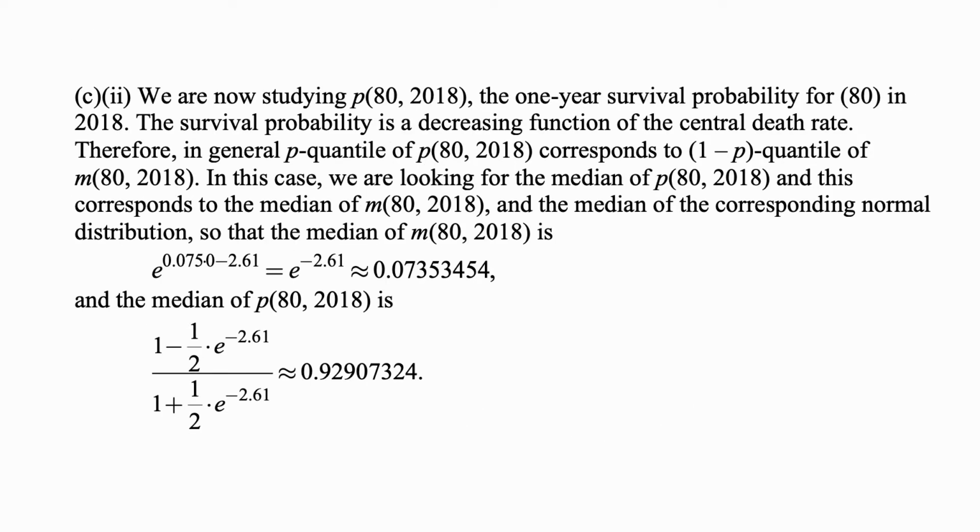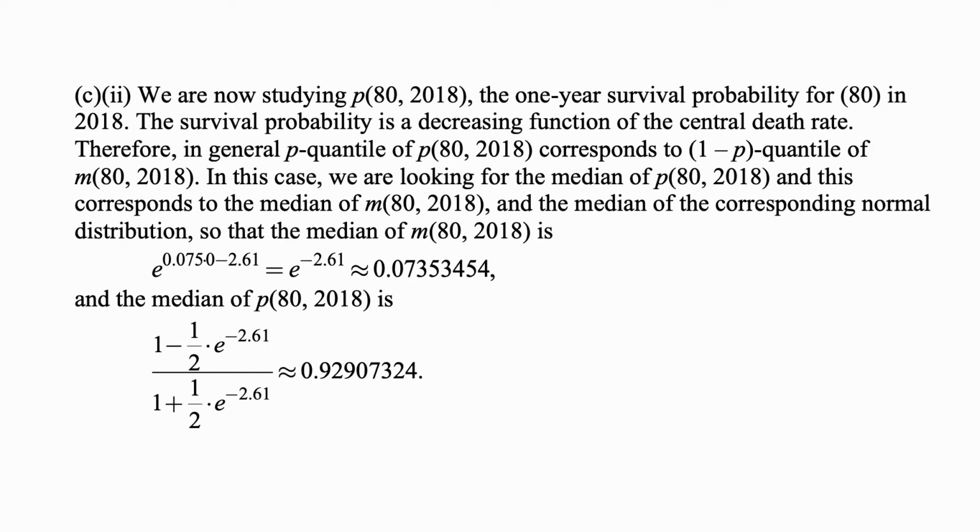For part C, part 2, we are now studying P of 80 2018, the one-year survival probability for an 80-year-old in 2018. The survival probability is a decreasing function of the central death rate. Therefore, in general, if the central death rate, the rate at which you're being killed, goes up, obviously survival probability goes down.